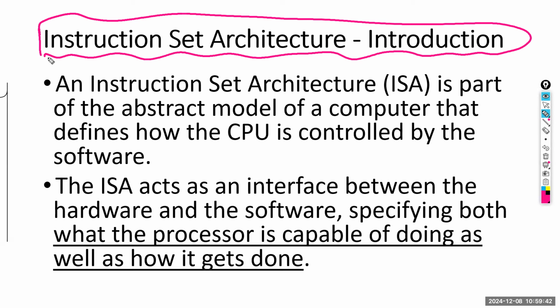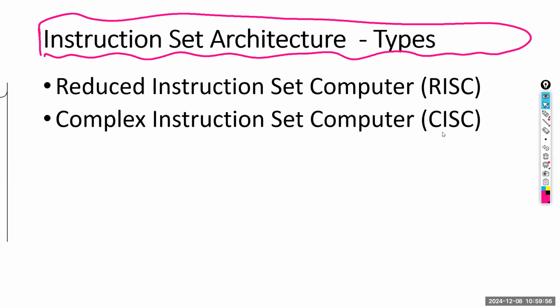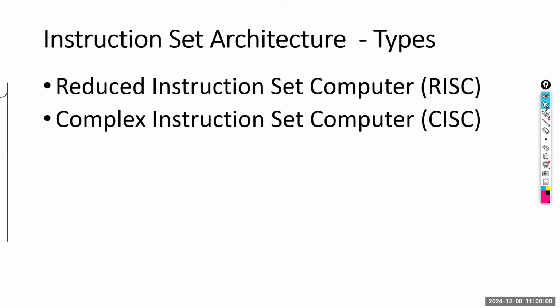We can subdivide computers into two instruction set architectures. Some computers support what is known as RISC, the reduced instruction set computer architecture. Some processors support CISC architecture, complex instruction set computer architecture.